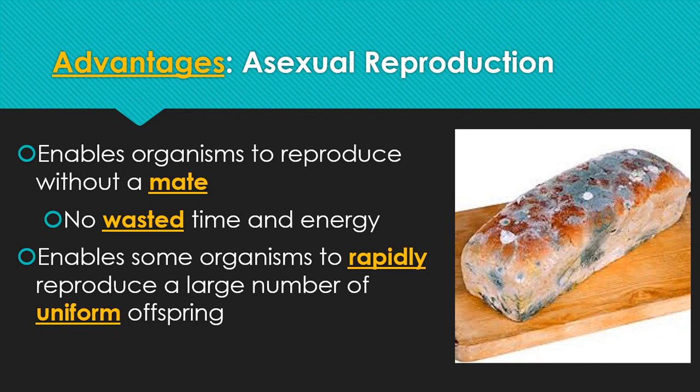You don't need to have sex. That's an advantage. It enables some organisms to rapidly produce a large number of uniform offspring. In just a short span of time, nadodoble. It can double the population of a particular organism.